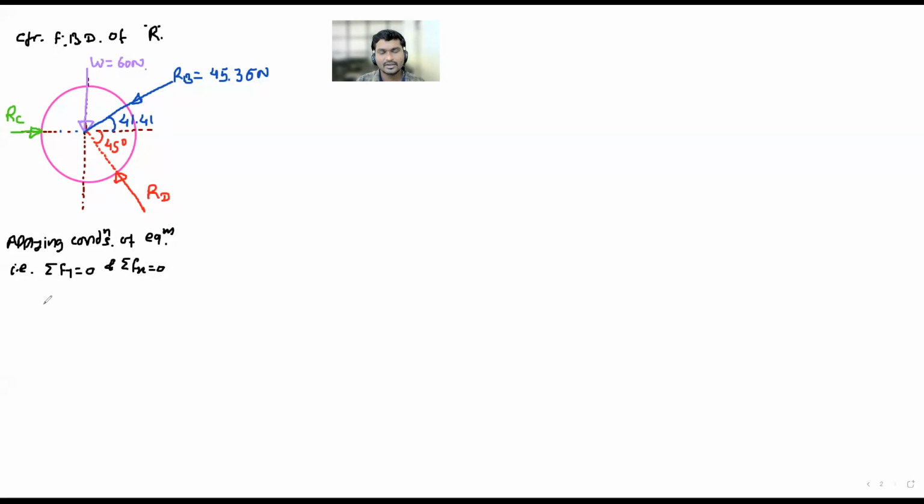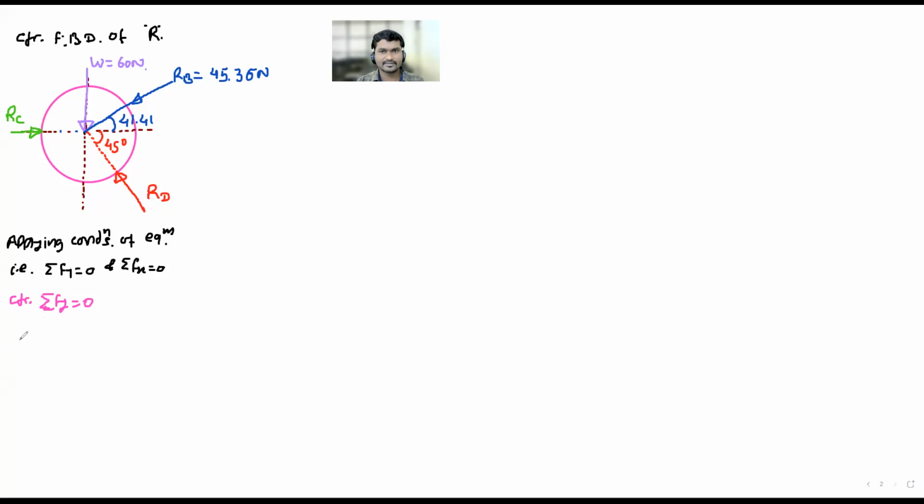Summation Fy. Always prefer summation Fy. Consider the summation of forces along the y-axis equals 0. तुम्ही Fx 0 घेतलं तरी चुकीचं होणार नाहीये, you will get the answer, don't worry, but try to prefer summation Fy. Most of the time we get the answer for the unknown quantities by summation Fy. Okay, so now tell me the equation. -60 Newton.